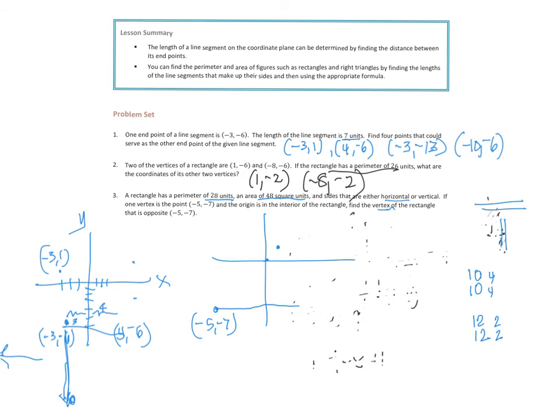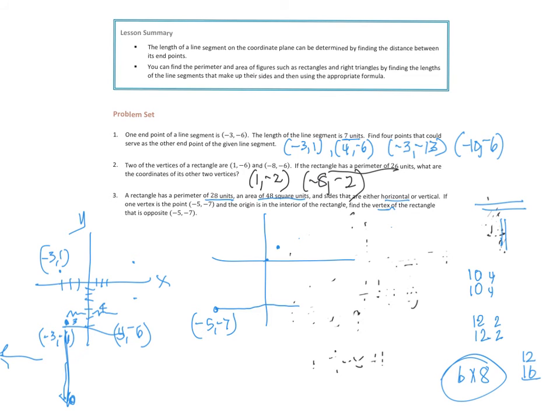There's 28. But then if I go length times width, 12 times 2 is only 24, not 48. If I'm thinking about 48, 48 is like 6 times 8. But if I go 6 and 6 is 12, 8 and 8 is 16. Oh my gosh, I think that might be it.